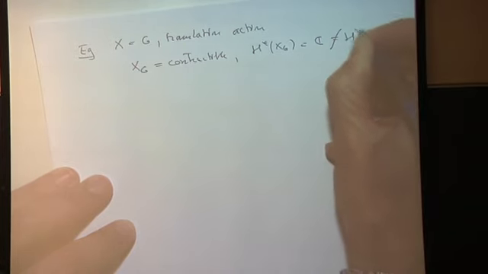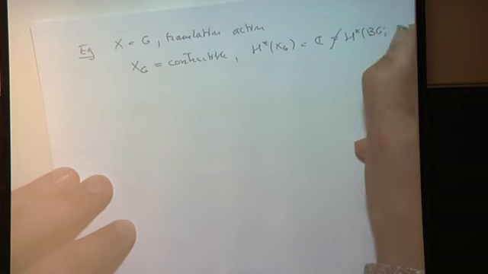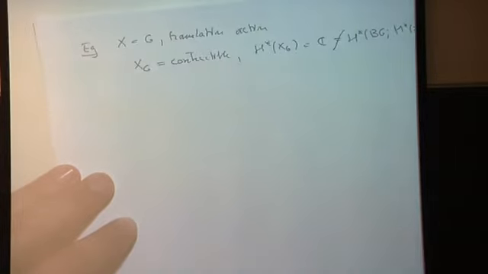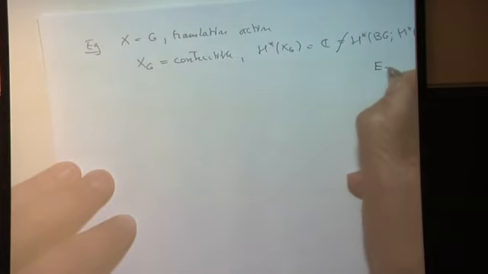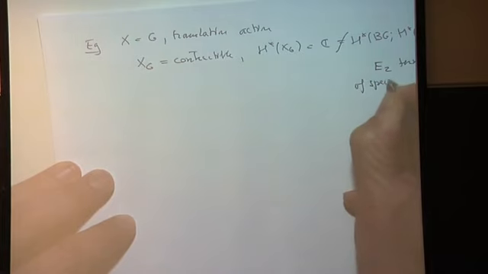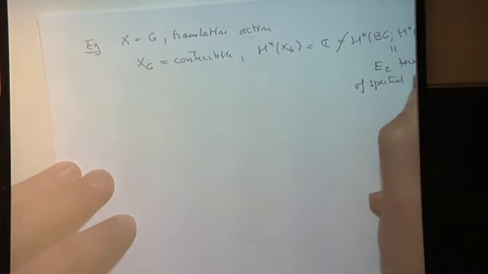That's, of course, not the cohomology of BG with coefficients in the cohomology of X. That would just be the E2 term of a spectral sequence. You forgot the differential. This converges to this guy.